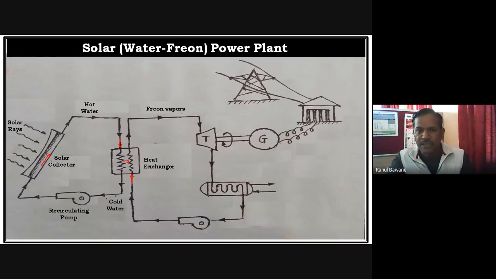Now these superheated high pressure vapors are allowed to pass through a gas turbine. We are not saying a steam turbine, because if steam is passing through, then it is a steam turbine, otherwise everything is a gas turbine.